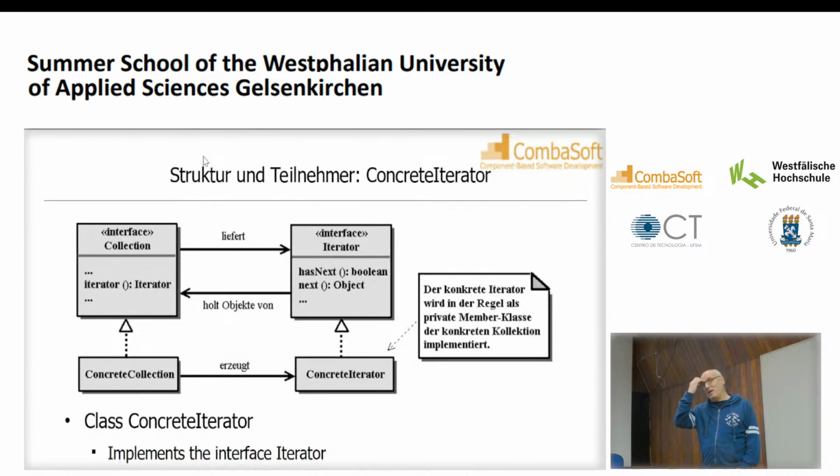It always has the next operation, and how it is implemented is not interesting for you. If you execute has next, it gives you the answer, there is one or not. And how it is implemented, according to set, linked list, or whatever, it's not your problem. That's the trick. So you can use the iterator independently of how the elements are organized.